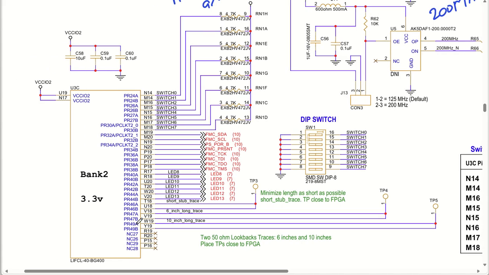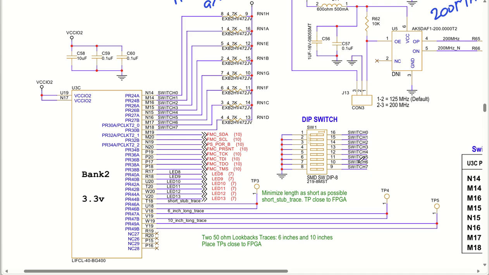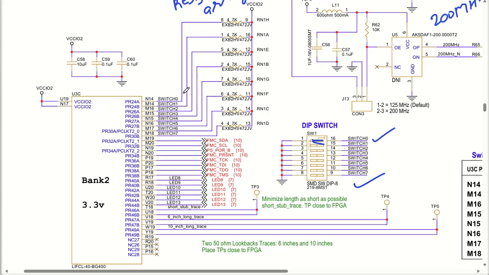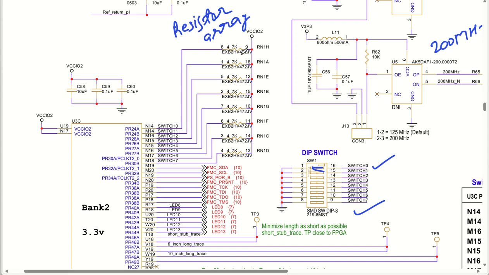Let us say you want to have an interface of DIP switches. How will DIP switches work? When you push it this side, it will become an open circuit, so this switch 0 will happen. How? Switch 0 is connected here, and as you can see, switch 0 is connected through a pull-up resistor to this VCCIO2.